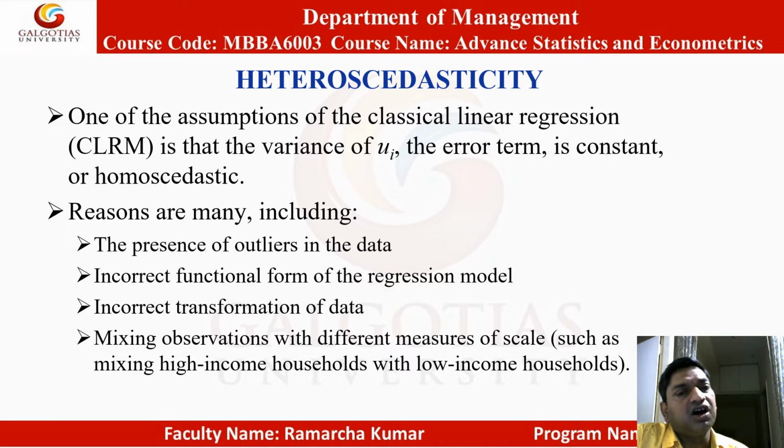If the functional form of the regression model is different from what you are assuming, then you might get the problem of heteroscedasticity. Incorrect transformation of data. If you have not properly transformed the data, then you might face the problem of heteroscedasticity. Mixing observations with different measures of scale, such as mixing high income households with low income households.